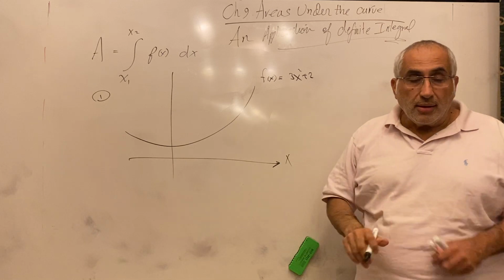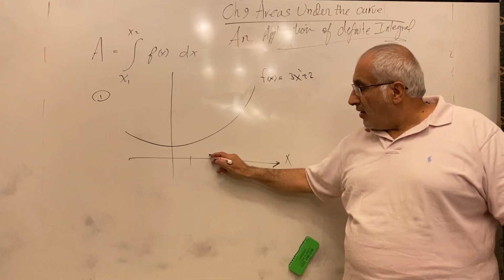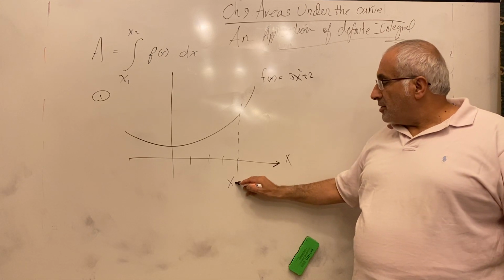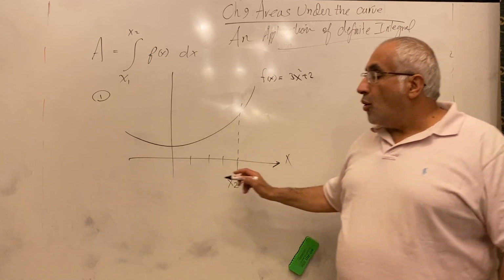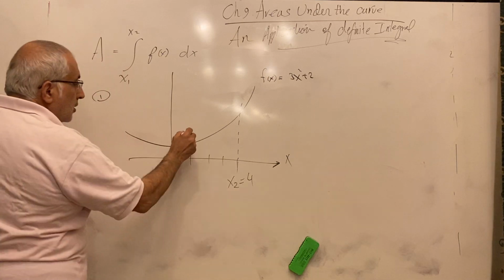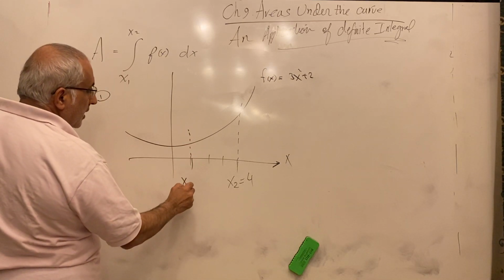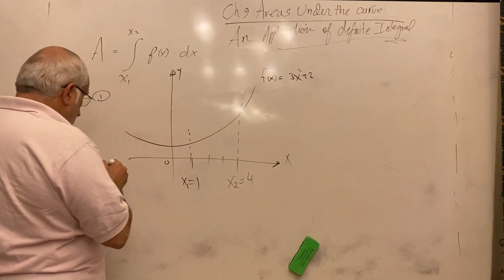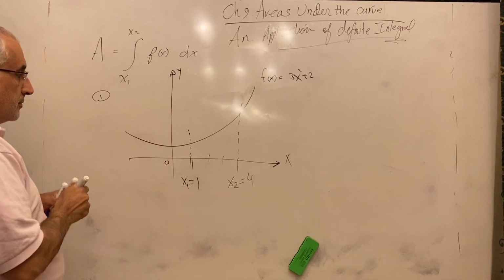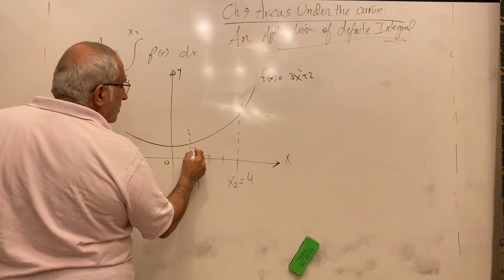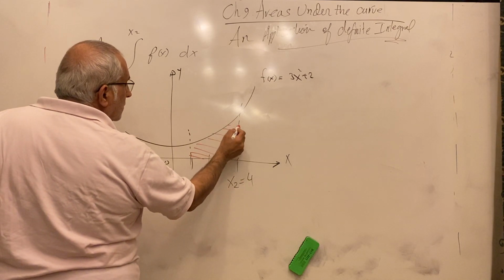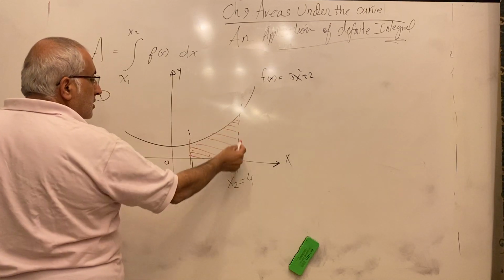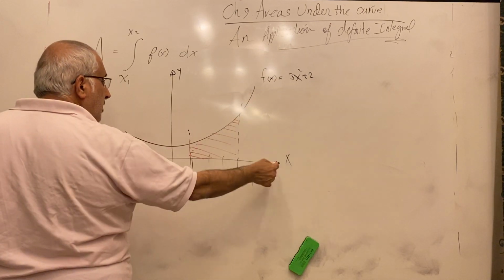It's not bounded yet, but we can bound it if I take it between, for example, an upper limit of 4 all the way down to a lower limit of x1 equals 1. So now I am having an area that is surrounded by 4 sides. One of them x equal 1, x equal 4, y equals this, and x-axis.